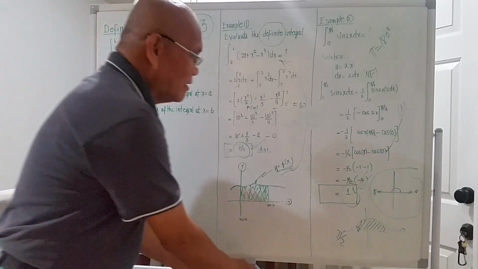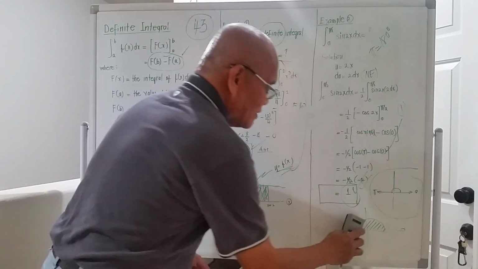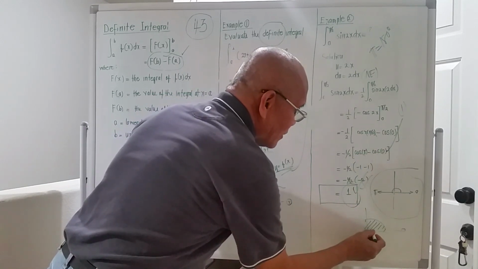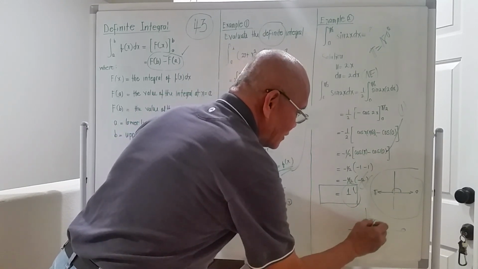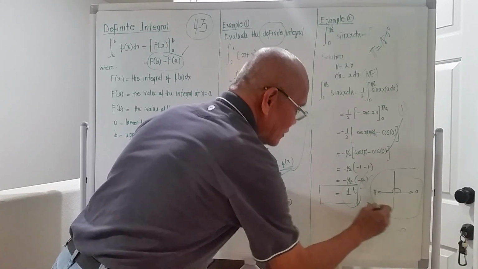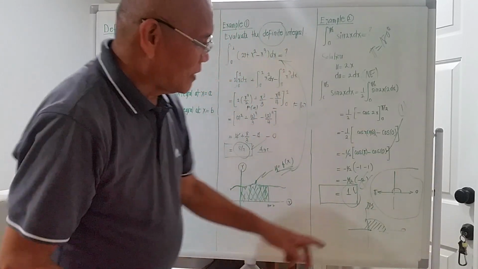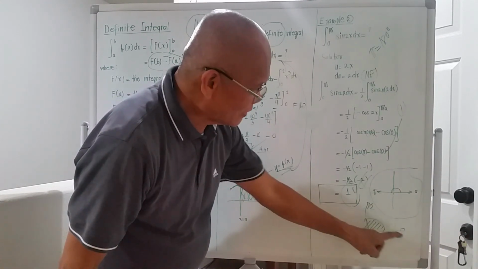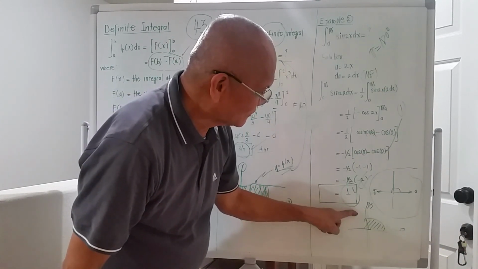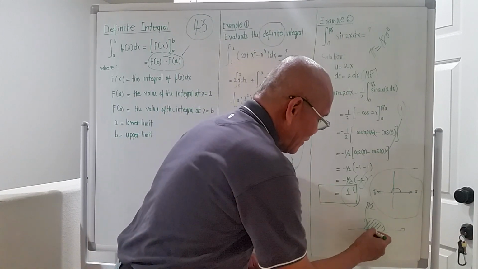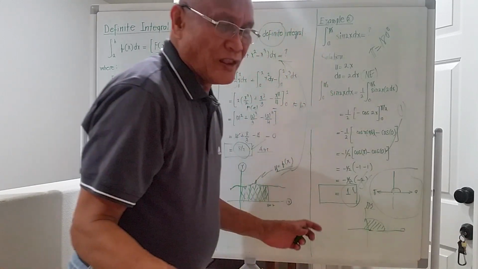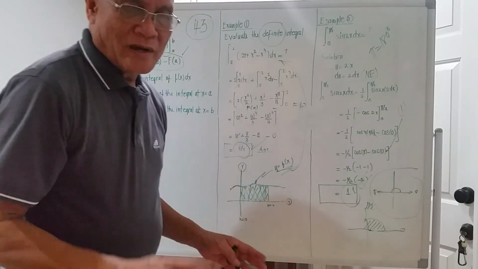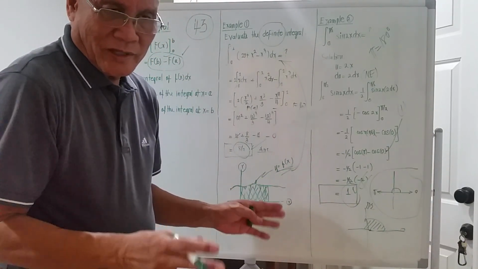Sorry for this one. Pi over 2 is 90 degrees. This is pi over 2. Maybe the problem is asking for the value under the curve, with the limit from 0 to pi over 2. It involves polar coordinates. It's not Cartesian. Cartesian is x and y. Radius and angle is polar coordinates.